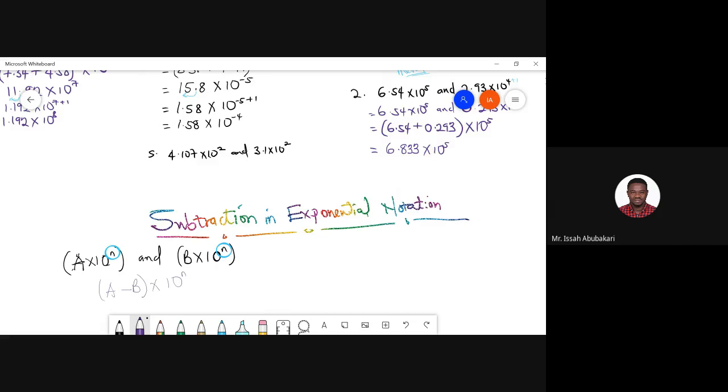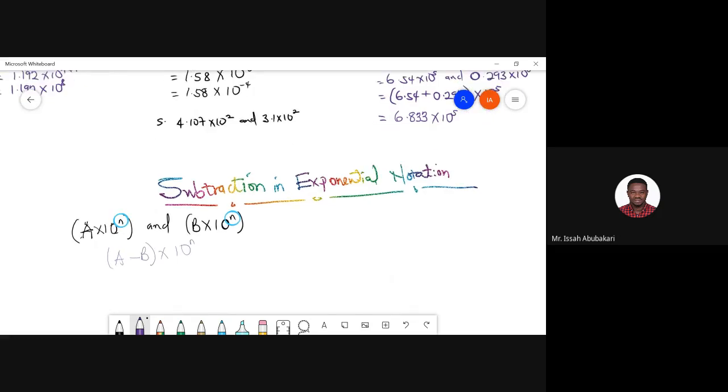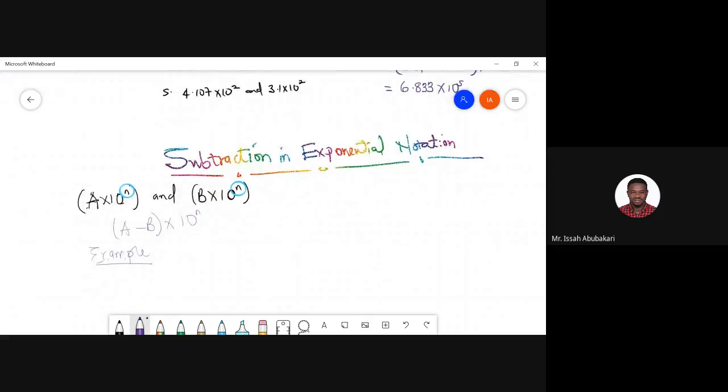Now, let's look at some examples. So example number one, if I have 9.63 multiplied by 10 power 6 and 1.09 multiplied by 10 power 6, and you are asked to find the difference. Let's use this opportunity to also learn about this.